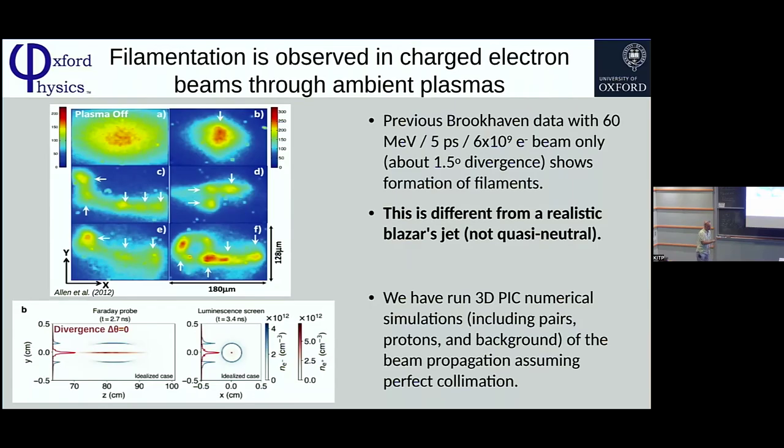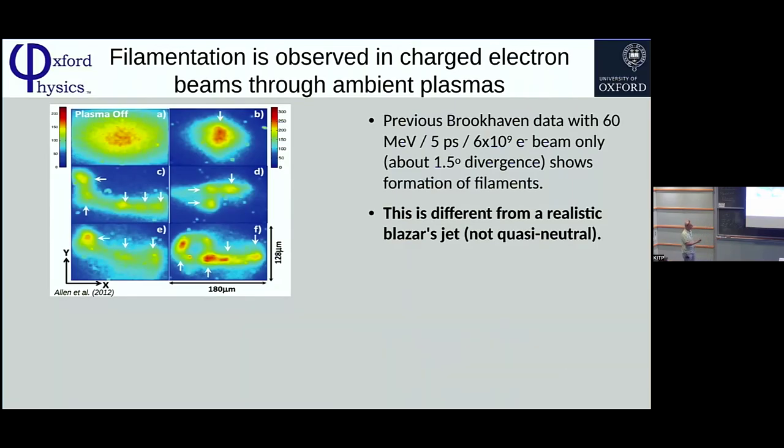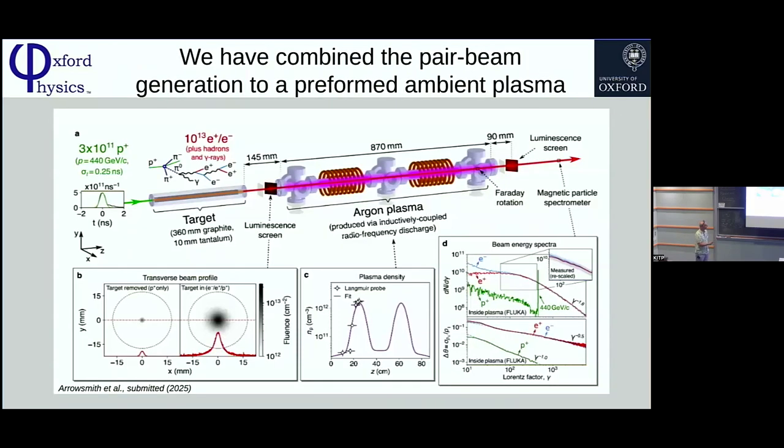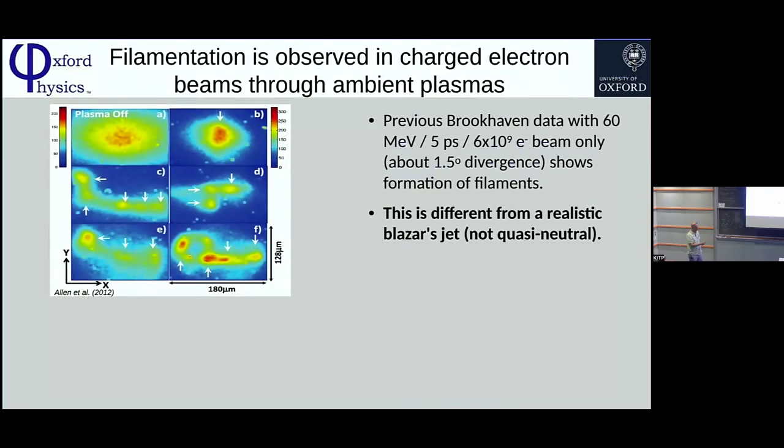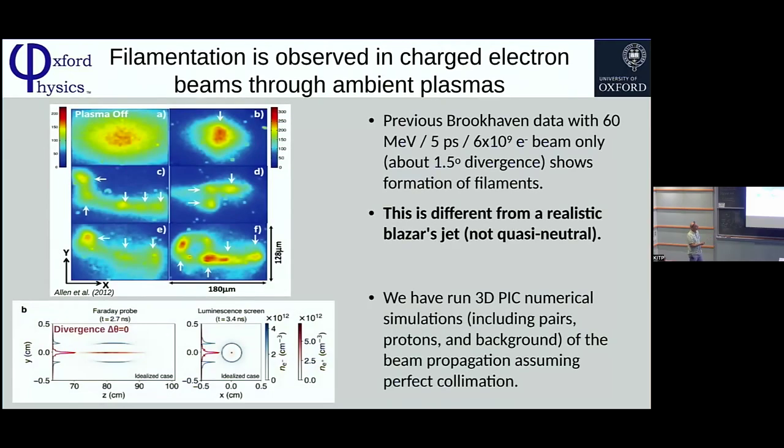So our prediction was that in this experiment, at the end here, we should see a filamentary structure, some sort of filaments, that we will measure due to the formation of these instabilities.